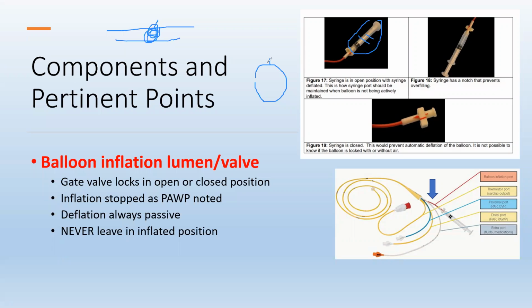Okay? So there are several things that you need to be aware of when you're taking care of this particular part of the pulmonary artery catheter. The balloon port should always be in the unlocked position. When we do this, this is going to be locked.